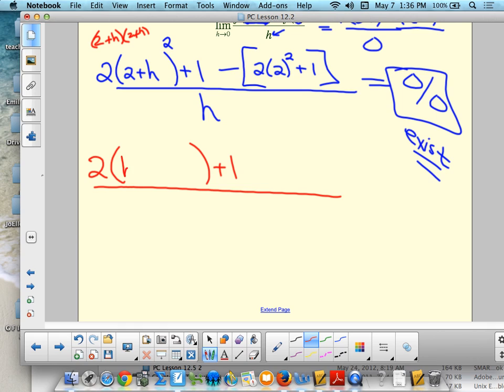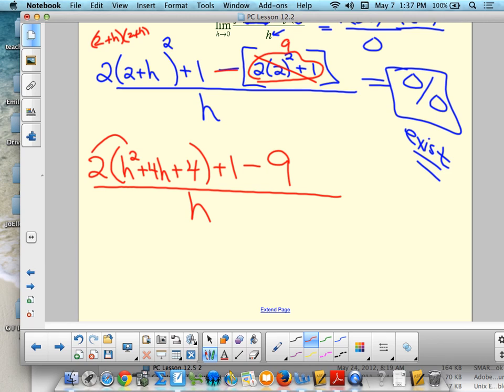Oh, okay. So you kind of reversed the order, didn't you? I might have done 4 plus 4h plus h squared. It doesn't matter how you write them in there. Plus 1. Okay, minus. Okay, wait a minute. What's in here? What is that? 9. This is just 9. So it says minus 9. Okay, over h.